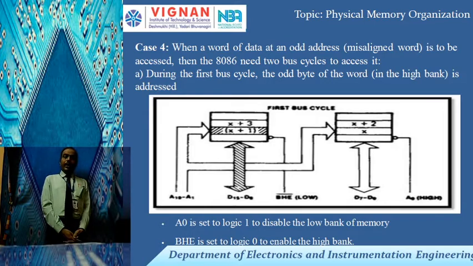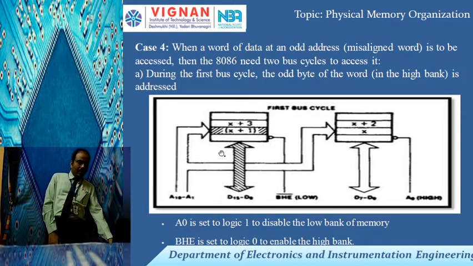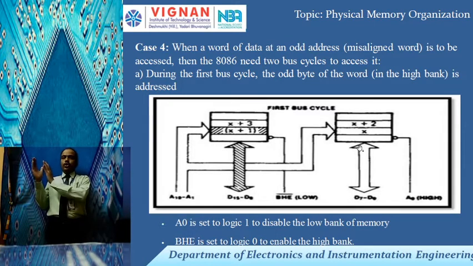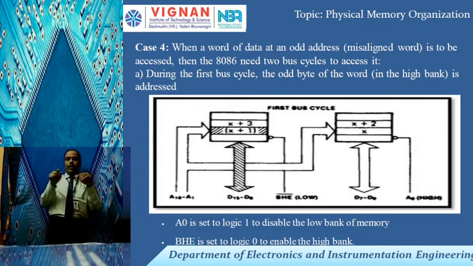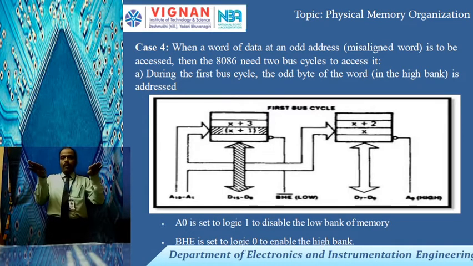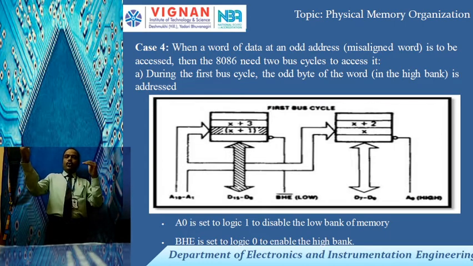If both bytes are aligned at the same address, that is 0000 and 0001, we can access them in a single cycle. 0 and 1, 2 and 3, single cycle.